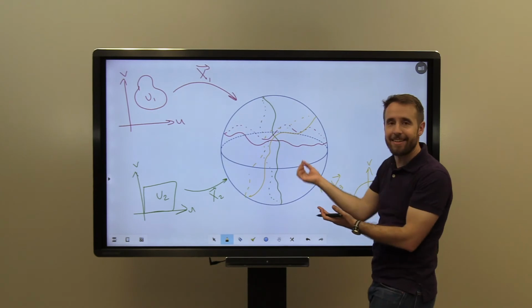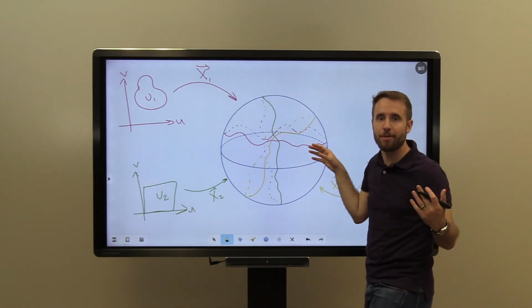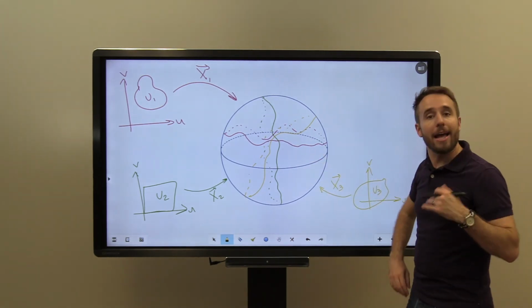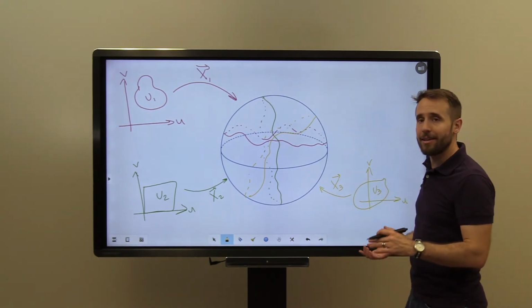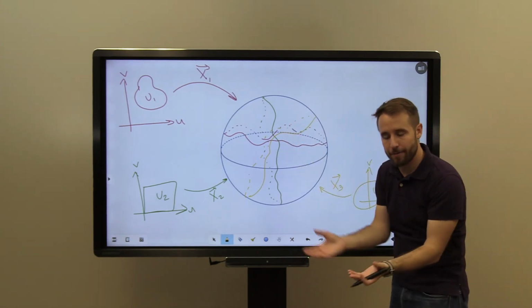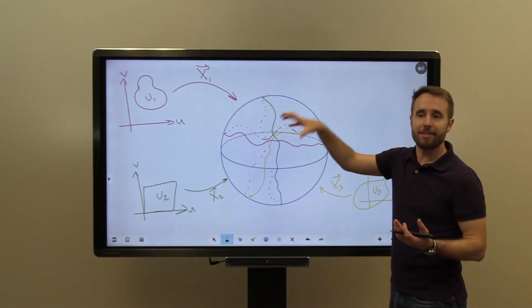It doesn't contain anything on the inside. It's just this two-dimensional surface, like the surface of the Earth. We're not counting anything underneath. And so the way we get around this is we define an open set in R3, and then we intersect it with this surface. And what we get is just a piece of the surface itself.